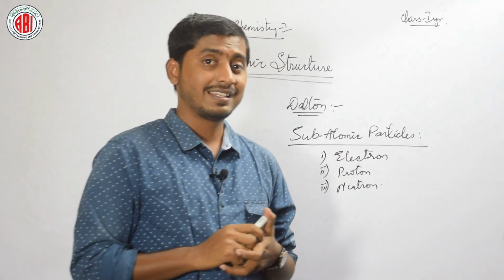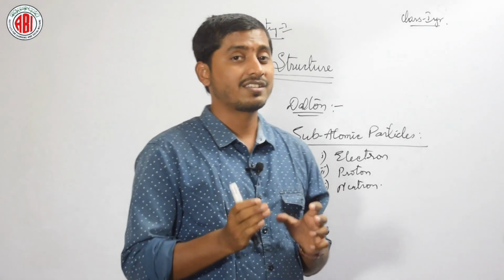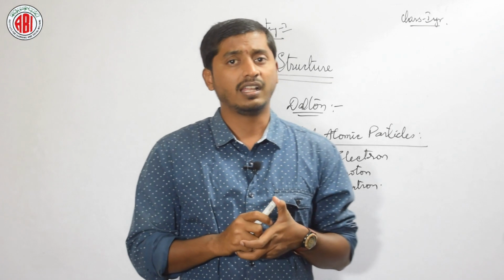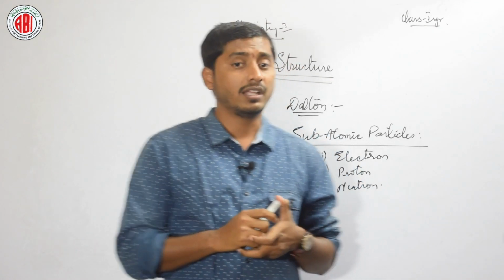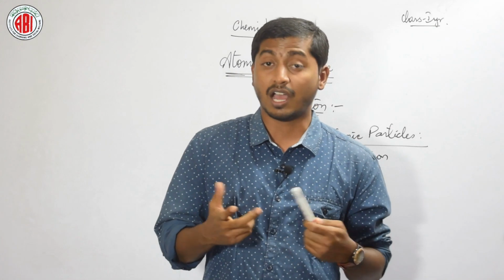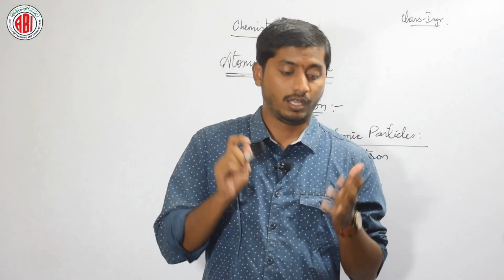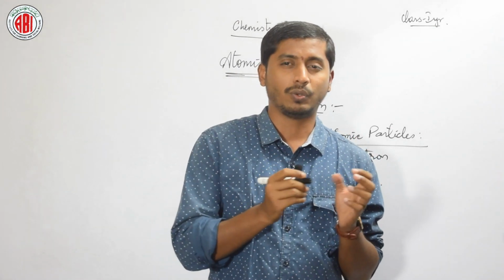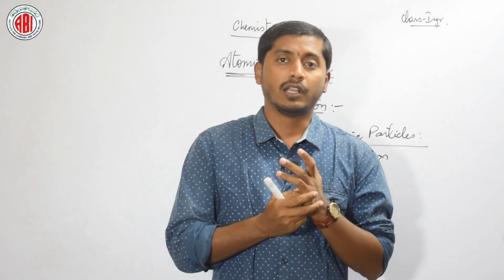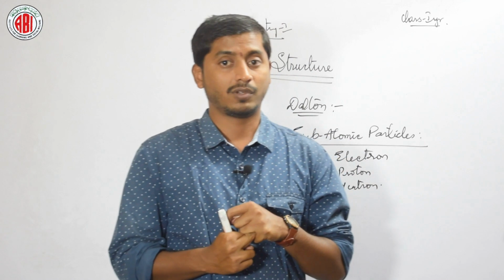Now let us discuss the actual history behind the discovery of these subatomic particles. Let us start with the discovery of the electron. Why was it discovered? How was it discovered? Whenever you study historical inventions, it is better to learn why it was discovered.